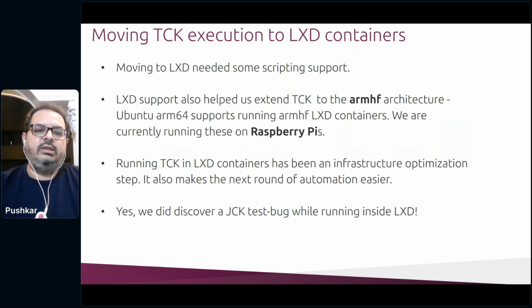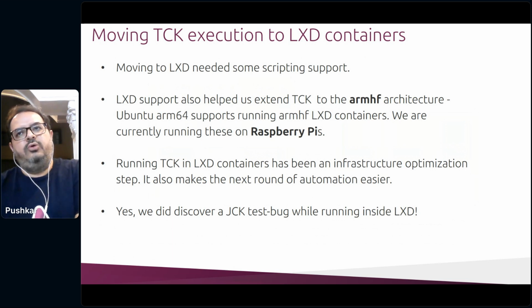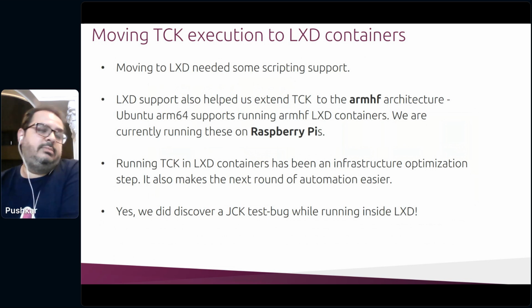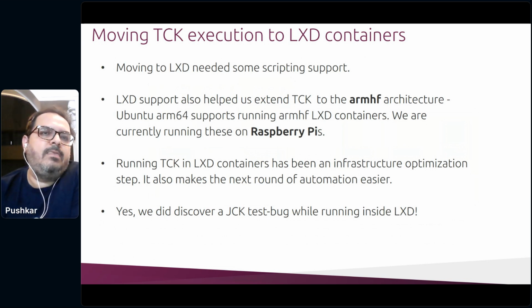We are currently running these on Raspberry Pis because on VMs we came across a serious bug, outside of OpenJDK of course, that made it impossible to run TCK on ARMHF on VMs.